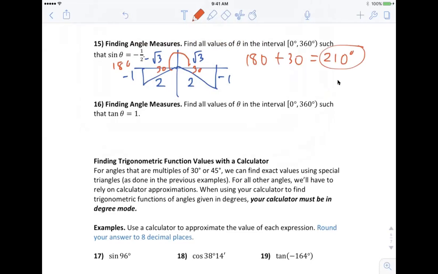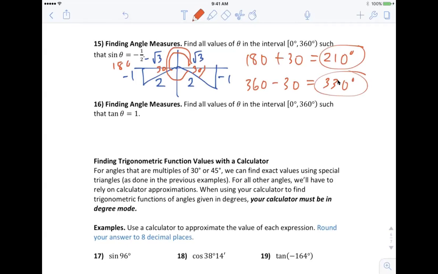The quadrant 4 angle, I could think of it in two ways. I can start and go all the way around, right? Like that, right? Or I can just think of it as 360 and just minus that, right? That might be the easiest way if you end up in quadrant 4. 360 minus 30, that would be a 330-degree angle. So those are your two angles such that the sine is -1/2, okay?